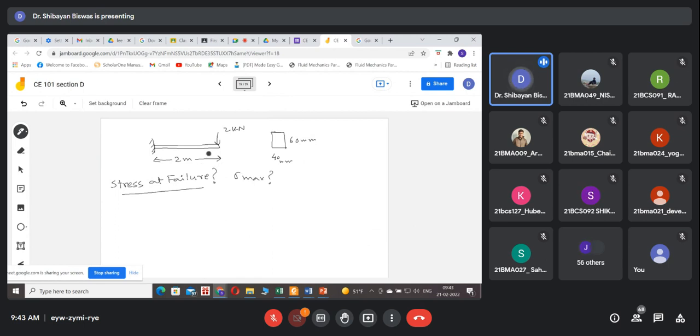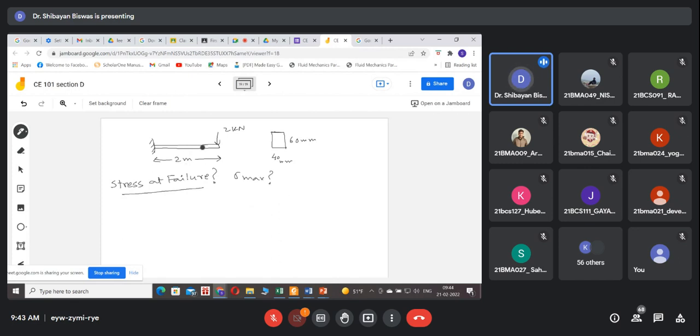So we have to know the maximum bending moment for this beam and this combination of load, and we want to know the section modulus from the sectional properties. So what will be this sigma max value?